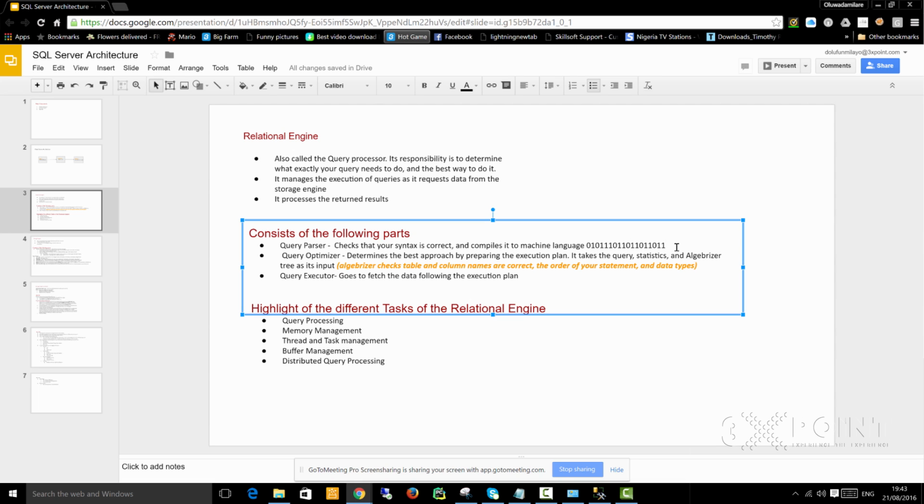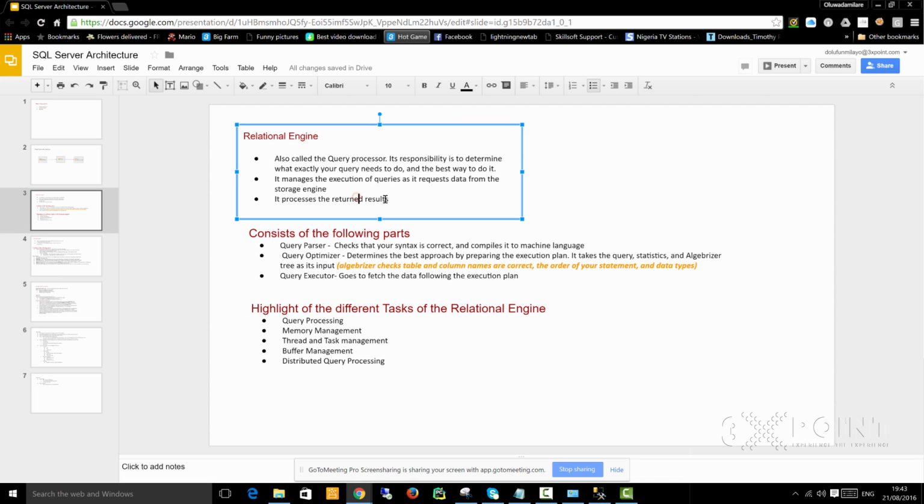That's what the machine understands, and it has meaning. For the hardcore programmers, they can actually understand these things, but given that it's what the machine understands, not everybody can do that. So the best thing to do is to have a language like SQL, which will then be compiled into that language.